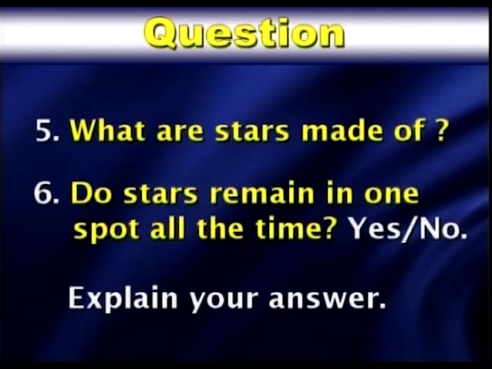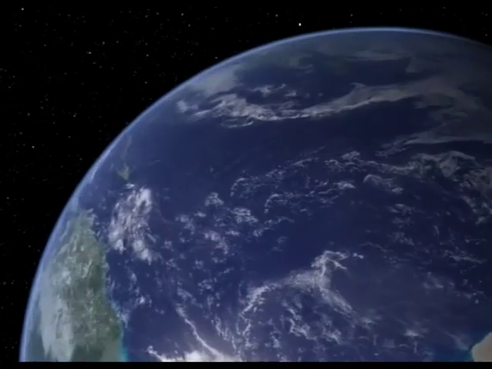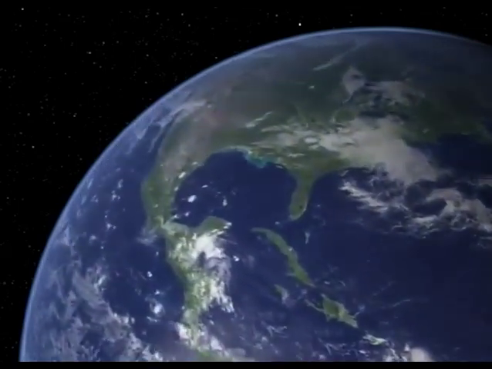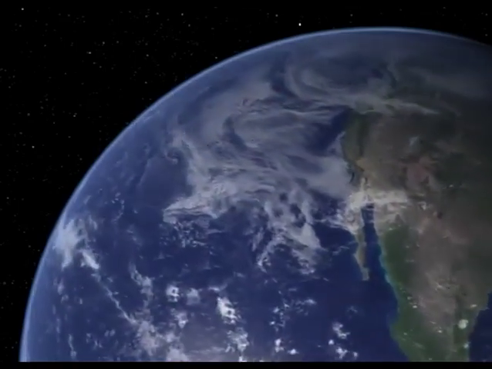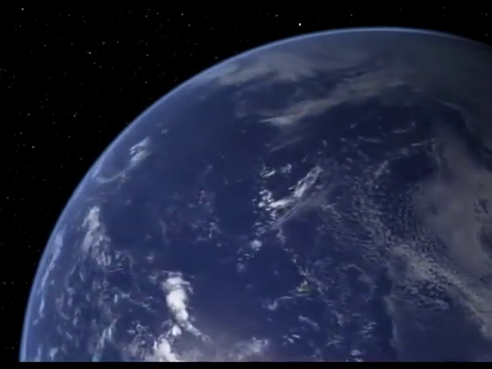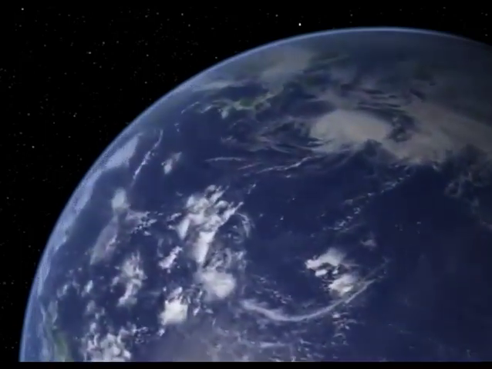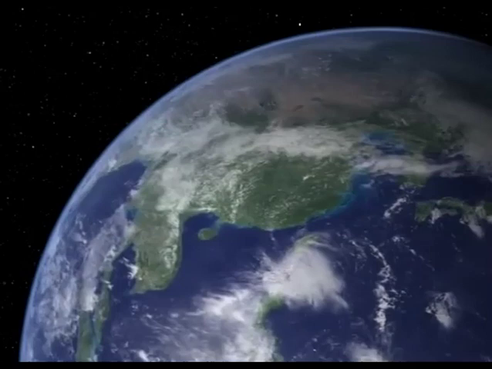All right. Our answer, do stars remain in one spot all the time? Yes, they do remain in one spot. Because the Earth spins, so we see that the stars are moving. Actually, the stars remain where they are. Like the sun, it does not move.